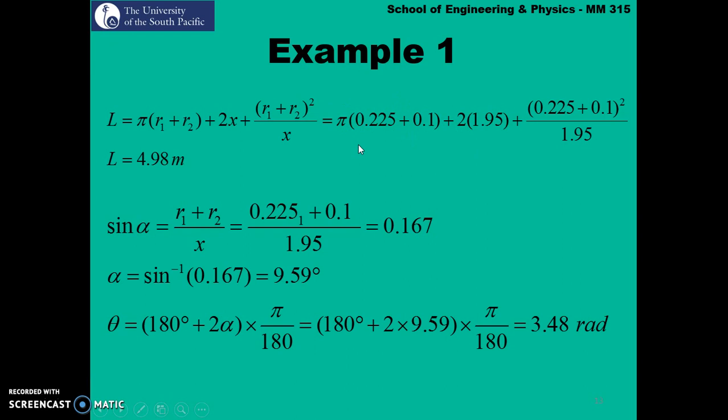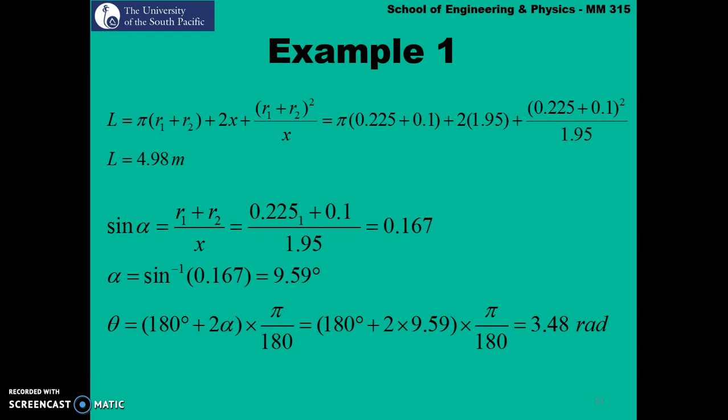The diameter of the first pulley was 450 mm and the second was 200. Converting the diameters into radii and substituting all these variables correctly, we get that the total length of the belt we require is 4.98 meters.